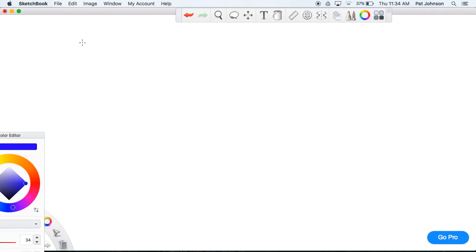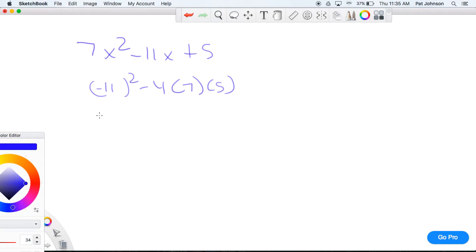We're going to look at example 5. We have 7x squared minus 11x plus 5. They want us to find the value of the discriminant for each quadratic equation, then describe the number and types of roots. So we're only going to do b squared minus 4ac: negative 11 squared minus 4 times 7 times 5. We get 121 minus 140, which gives us negative 19.